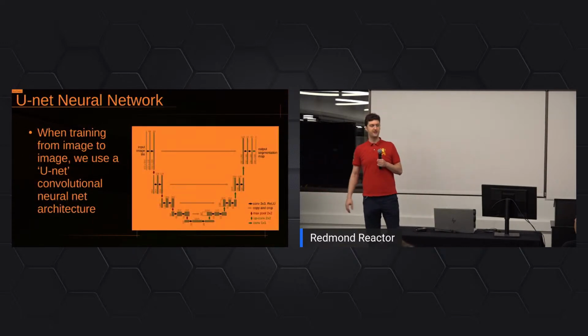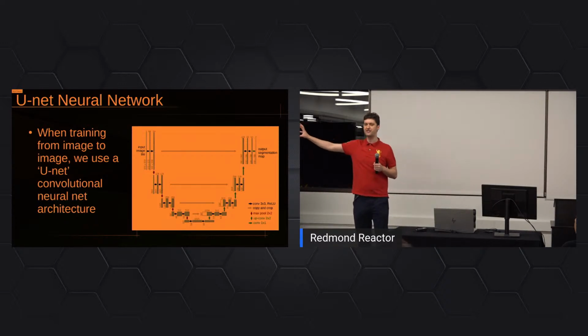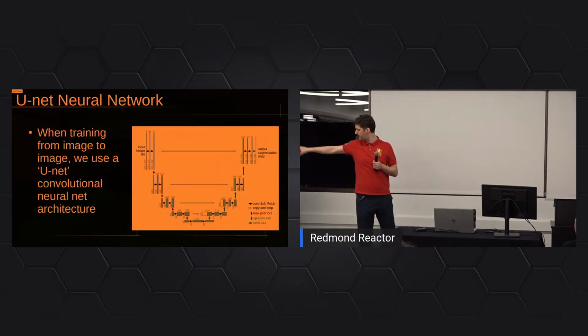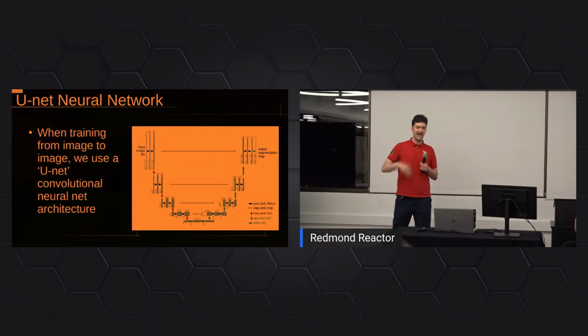The UNet neural network, I'm sure some people are familiar with this, but essentially it takes an image and operates on that image in order to train on how to modify each of the pixels based on all of the other pixels, based on how everything is structured in the image.